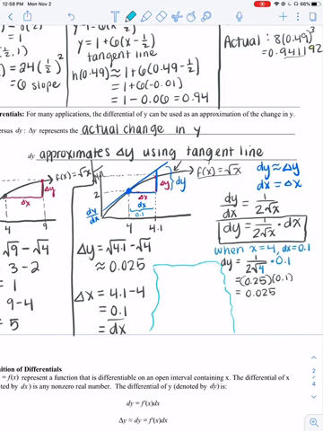So what we're thinking about here now is that we know that square root of 4.1 minus square root of 4 is approximately 0.025. And so if I want to find the square root of 4.1, I can just say that's going to be approximately 0.025 plus square root 4. And we know square root 4 is 2, and so 2.025 is what I'm getting.